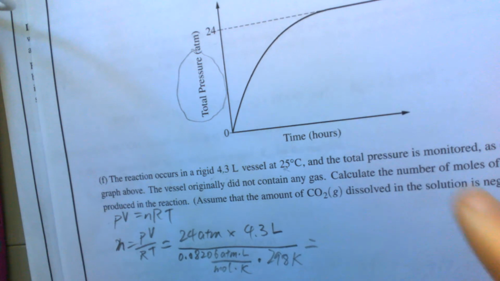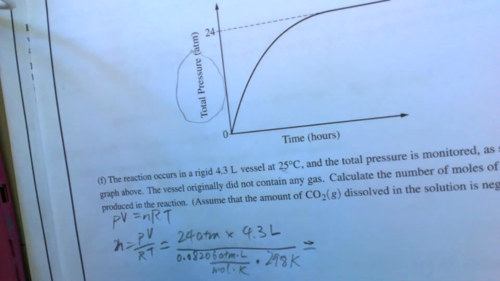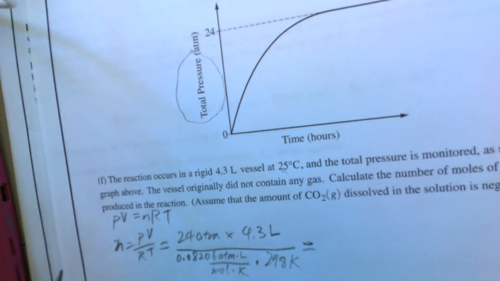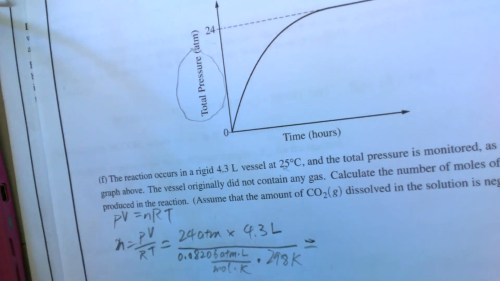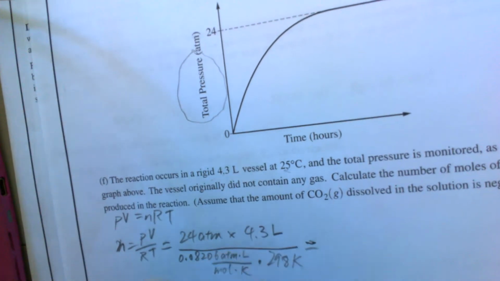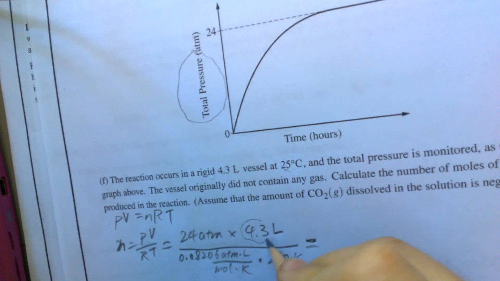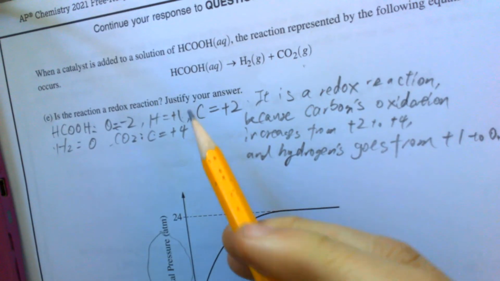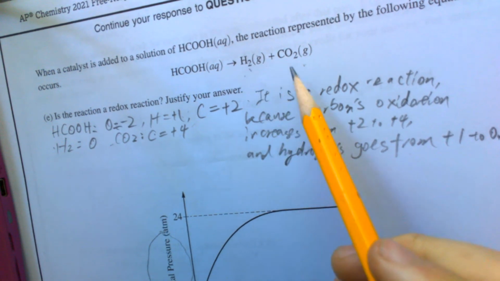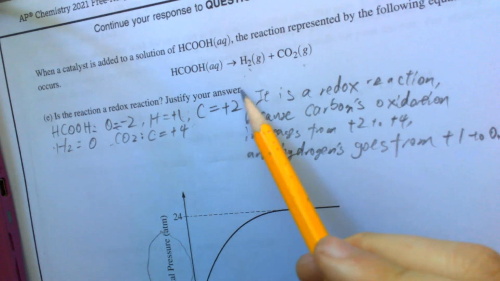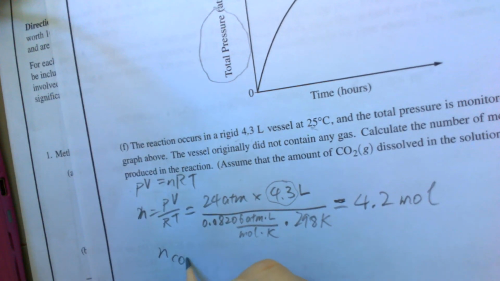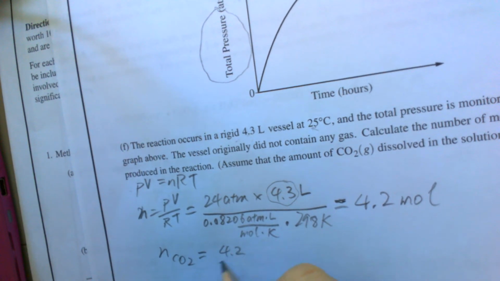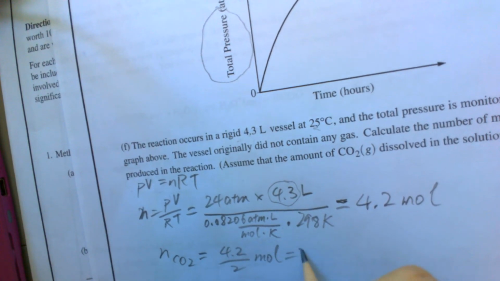The final answer for the number of moles of total gas is, okay, calculator, divided by 0.08206 times 298 is equal to, well, we have two significant figures here, so we need to write 4.2 moles. That's for total gas. And in this case, we have 1 mole of H2 and 1 mole of CO2. So the number of moles of CO2 is half of the total. So the number of moles of CO2 is equal to 4.2 divided by 2, which is equal to 2.1 moles.